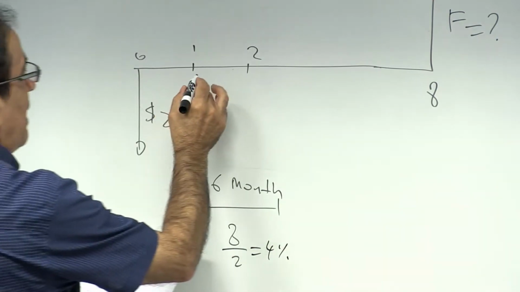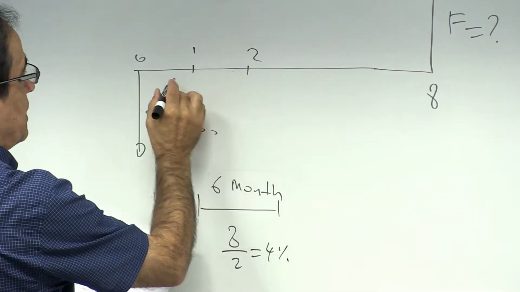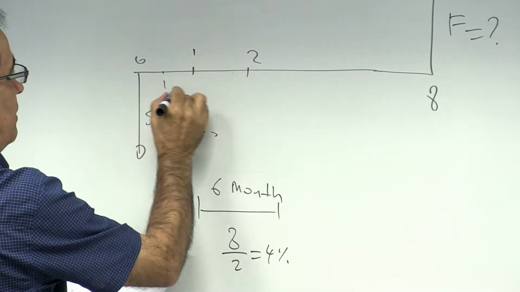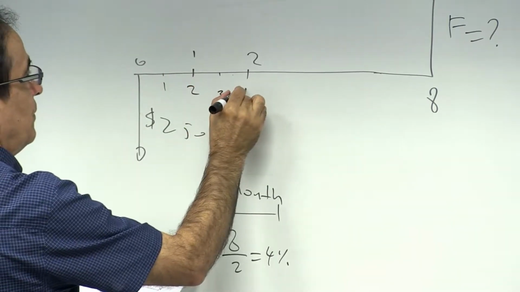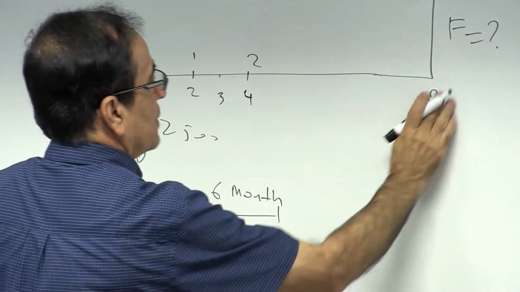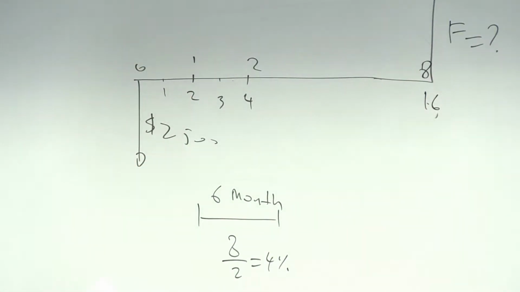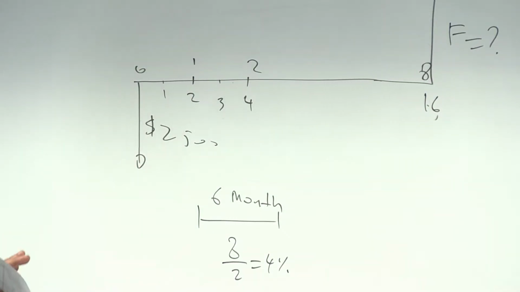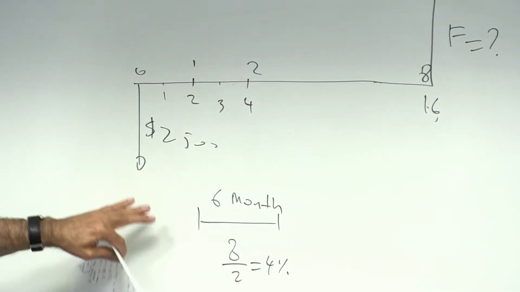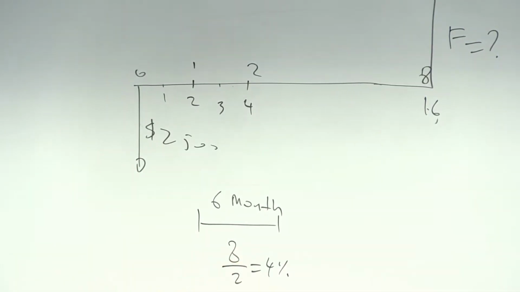So if I have year 1, year 2, we're going to have 1 period here, 2, 3, 4. You're going to have 16 periods. So that way my interest rate for a unit of time is going to be 4%.